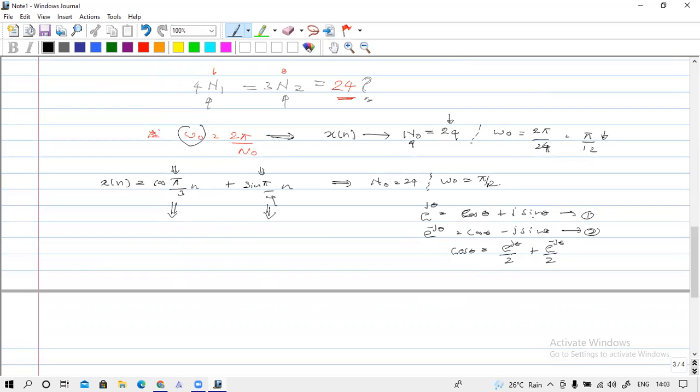To find sin θ, you simply divide by 2j. So here you have e^{jθ} by 2j minus e^{-jθ} by 2j. So this is the cos value, this is the sin value. You can remember this.